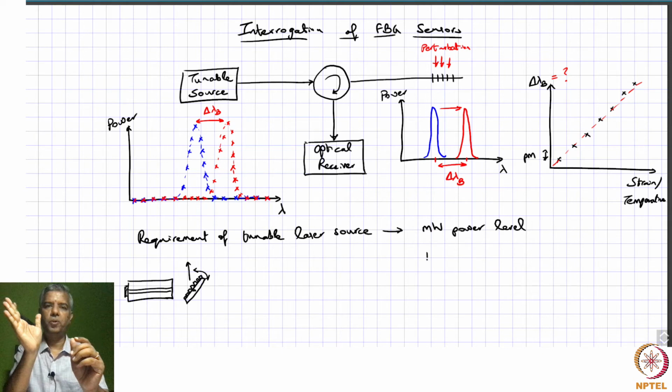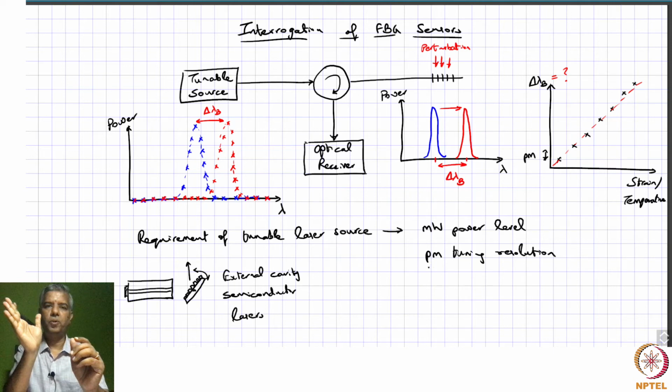So you need picometer tuning resolution, okay. That's probably achievable with external cavity semiconductor lasers. So with external cavity semiconductor lasers, picometer tuning resolution is not as much of an issue, okay.